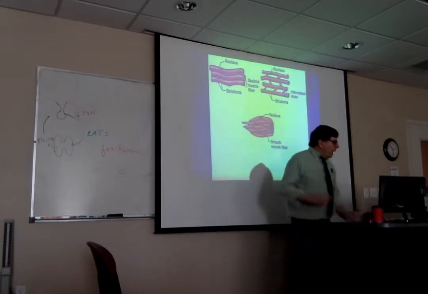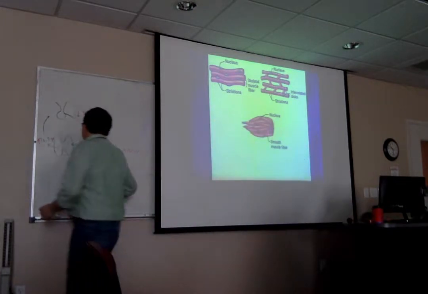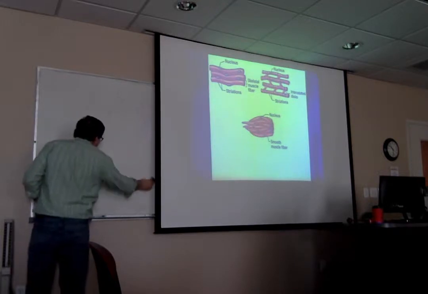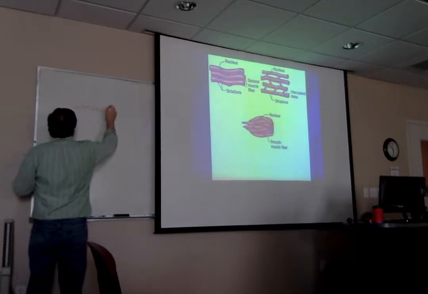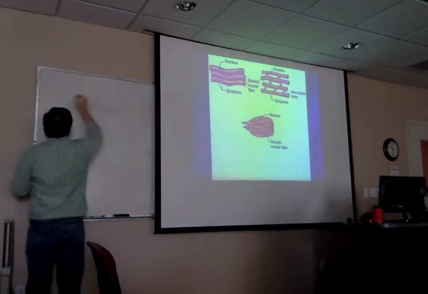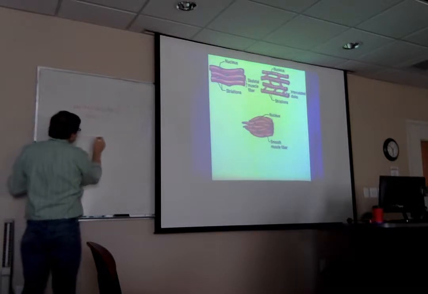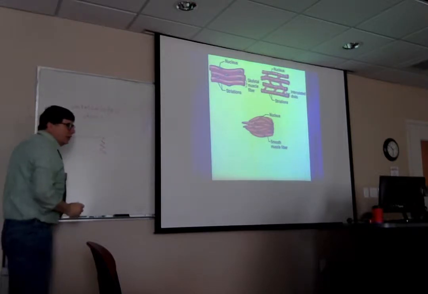Now, a unique feature of cardiac muscle is the presence of what are called intercalated discs. Intercalated disc refers to the appearance of the cell membrane when two neighboring cells meet.